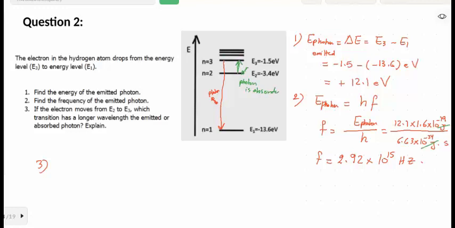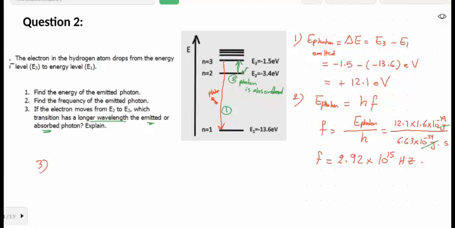Okay, for this transition, now the question is which transition, transition 1 or transition 2, has the longer wavelength? The emitted one means the first, and the absorbed means the second.